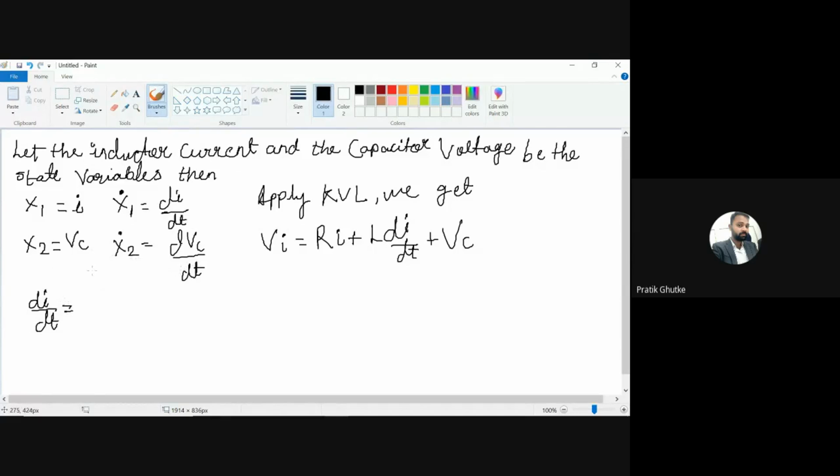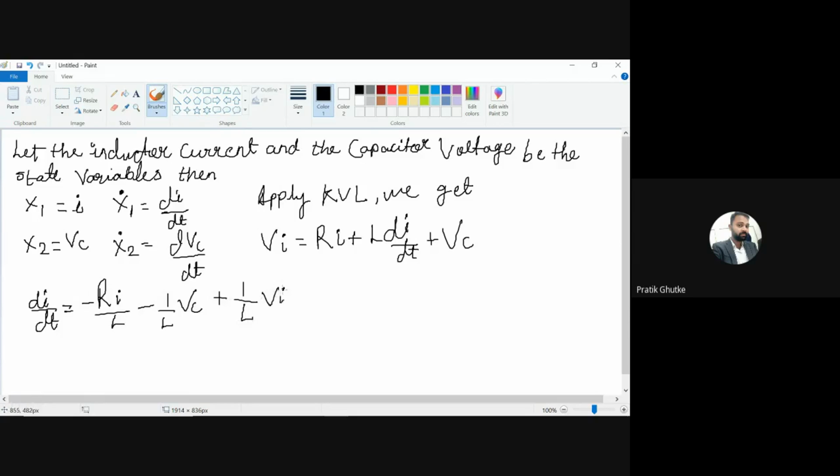So taking all other parameters to one side, di by dt equals to minus R i divided by L, minus 1 by L into Vc, plus 1 by L into Vi. That would be my di by dt.